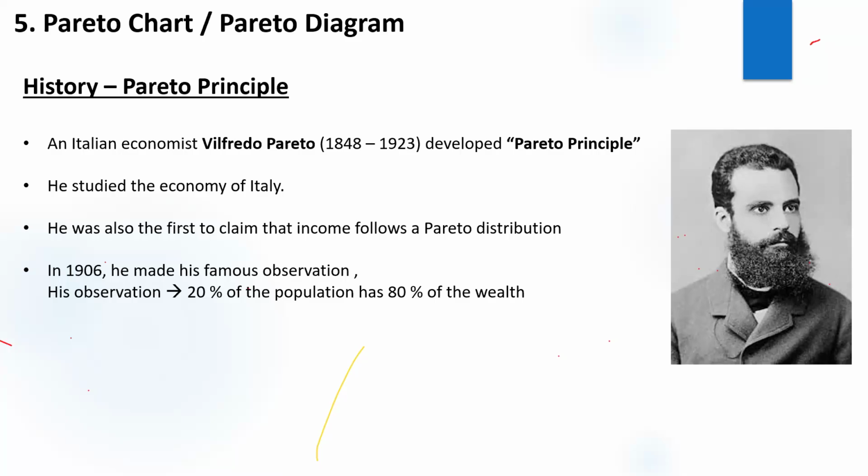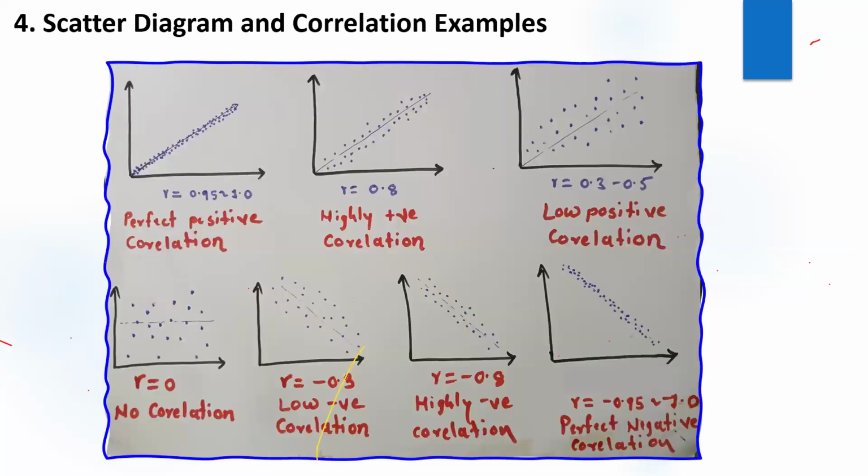Clear? Yes, sir. So what is scatter diagram? It is used for attribute data, true or false? My question is, scatter diagram is used for the attribute data, true or false? False. Clear? It should be used for the variable data.